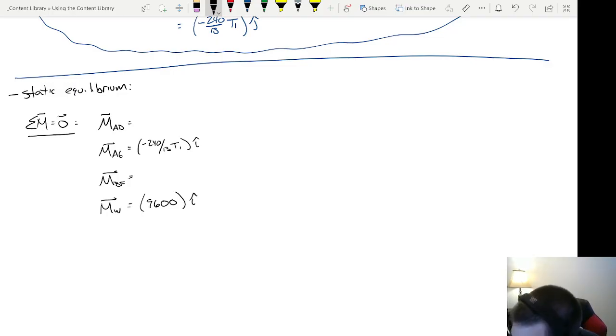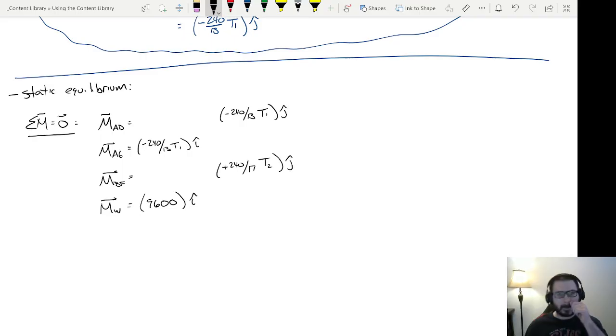And then MAD had the J component, so it was negative 240 over 13 T1 J. And this one also had positive 240 over 17, sorry, 17, not 117, 17 T2 times J. So this is just me organizing them in a little bit of a columnar format, because ultimately what I'm doing is summing those coefficient terms, right?